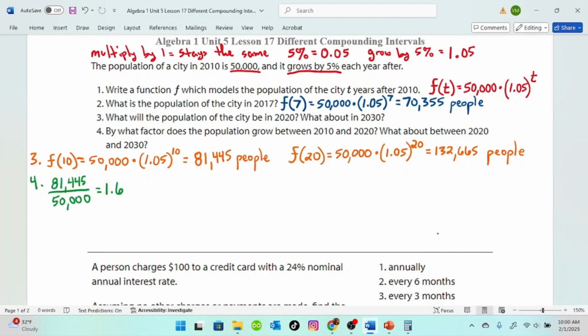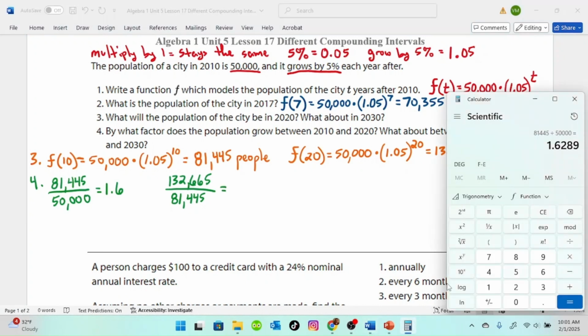Now, between 2020 and 2030, we're going to do the same thing. 2030 was the f of 20, and we said that was 132,665 people. And in 2020, we said the population was 81,445 people.